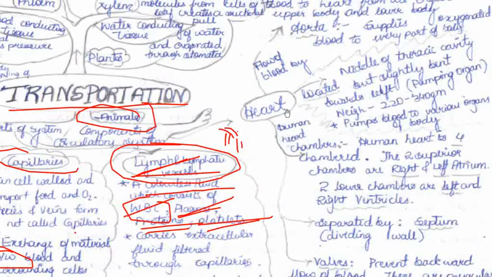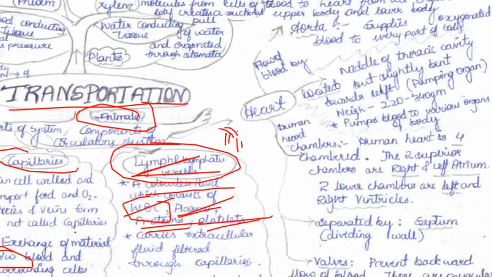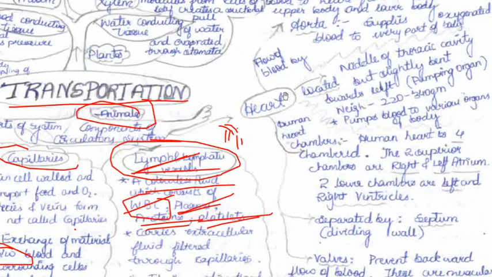Let us study where it is located. It is located in the middle of the thoracic cavity. You might have heard somebody say it is on the left in humans, but that is wrong.